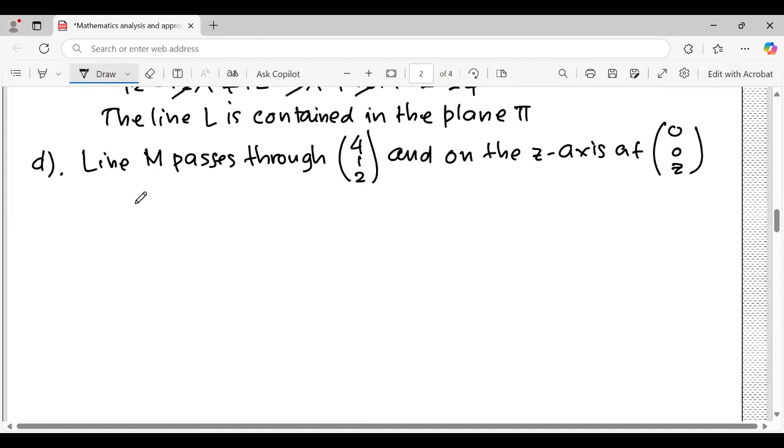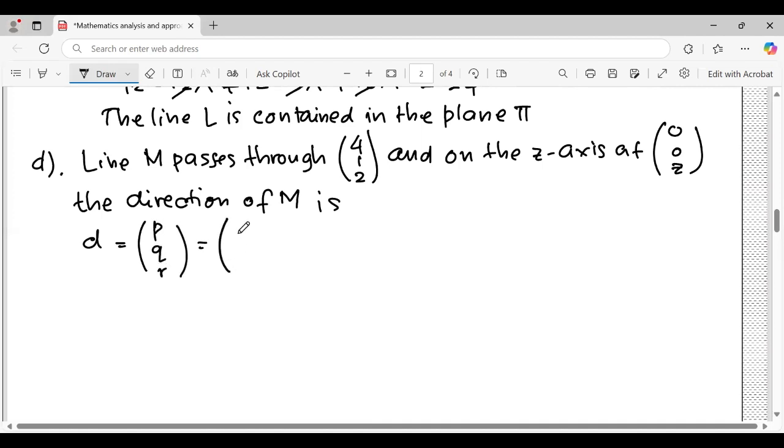The direction of M is, I'm writing here, d equals (p, q, r) equals (4, 1, 2 minus z). Because 4 minus 0 is 4, 1 minus 0 is 1, and 2 minus z is this one, 2 minus z.